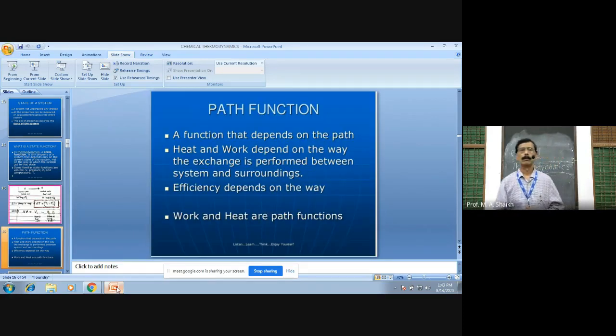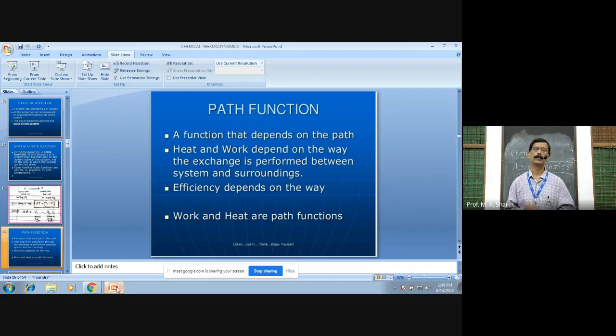Now, on the next slide, you'll find the heading is path function. What is a path function? Path function is nothing but a thermodynamic property. Which thermodynamic property is called a path function? The answer is, path function is the measurable or thermodynamic property that depends on the path followed by the system to go from initial state to final state.